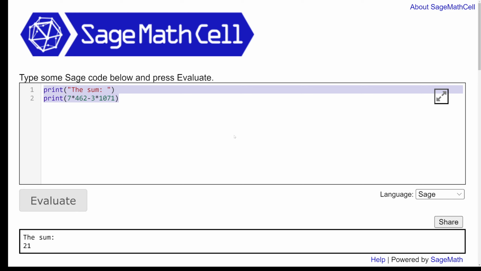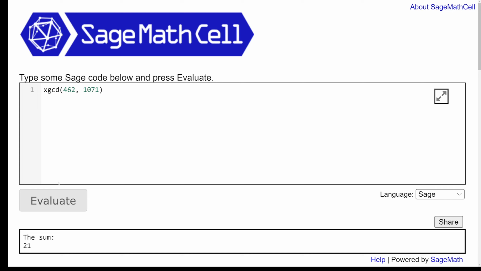Now that's all fine and good. How can we find the Bezout coefficients in Sage? Well, GCD of 462 and 1071 uses the Euclidean algorithm to compute the GCD. The way in which you find the Bezout coefficients is called the extended Euclidean algorithm, where we sort of solve for our remainders. We're just going to put an x in front of it, and we're going to see what the output is.